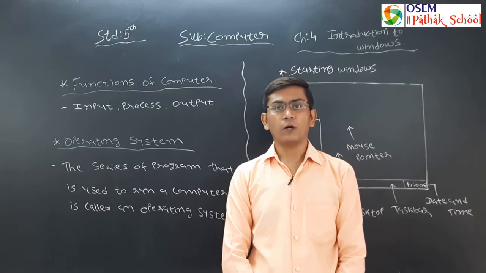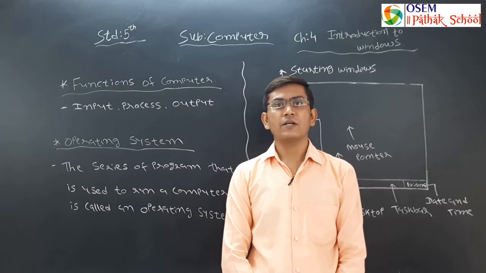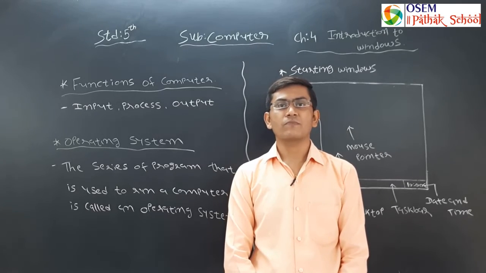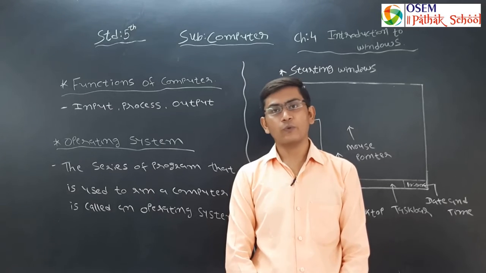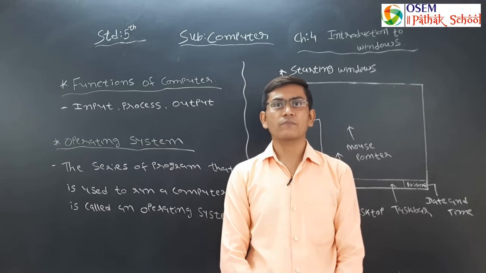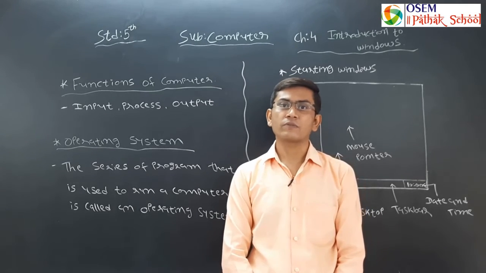And to perform these functions, computer needs different parts used for input, processing and output, such as hardware and software. Different parts of computer are monitor, keyboard, mouse, CPU, printer and speakers.